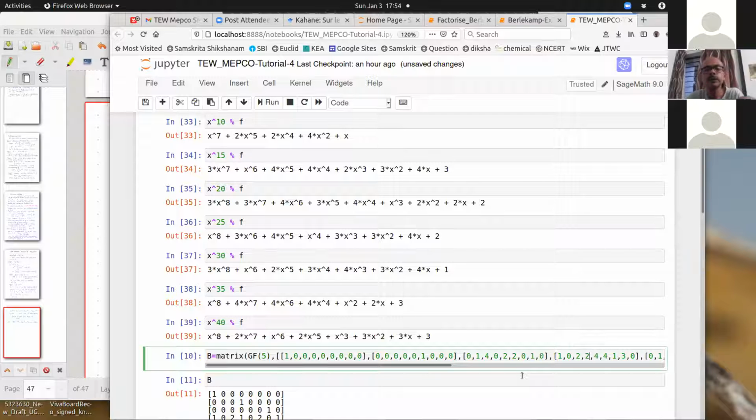Second power is 3. First power is 4, and 3 for the constant. Yes.